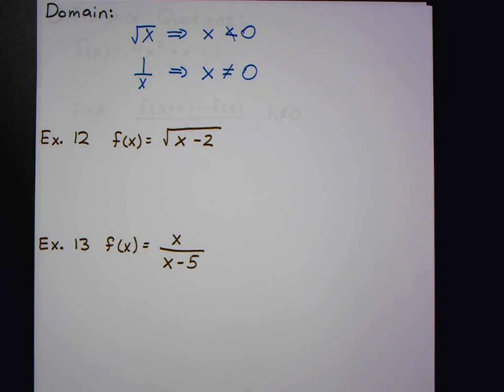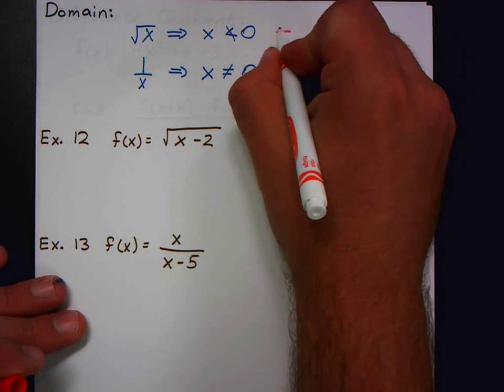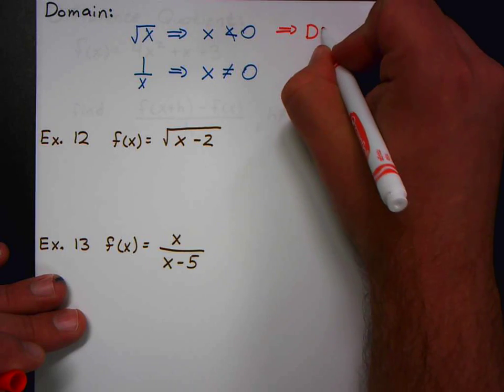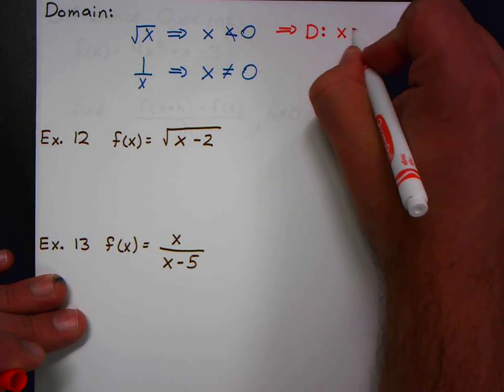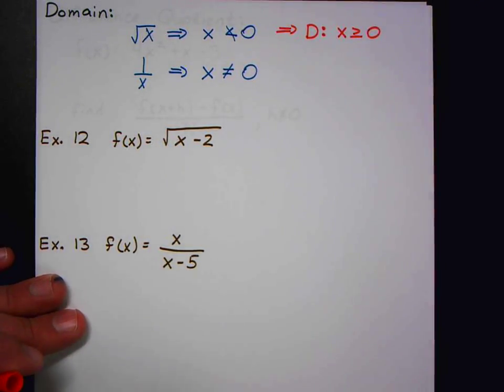So what we're going to do is take those things and use them to figure out what the domain is. Because again, it's a lot easier to figure out what the domain is not and then use that to define our domain. So my domain is whenever x is greater than or equal to 0.